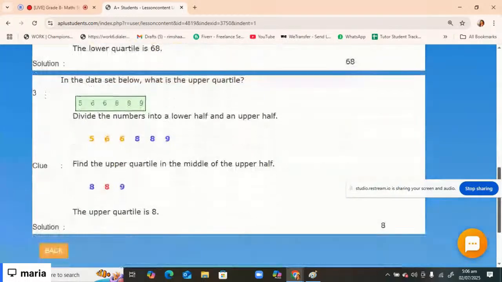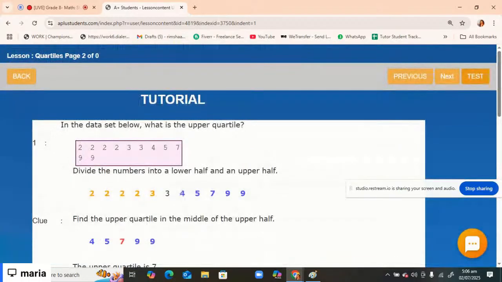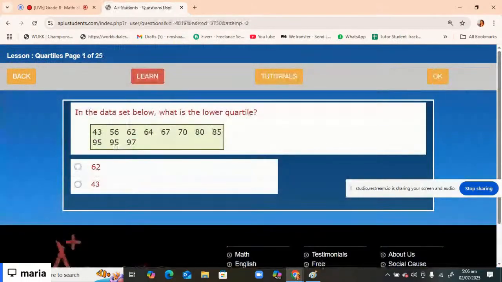Let's discuss the test questions. So now, finding the lower quartile. This is the data that is given. First of all we write down the data.